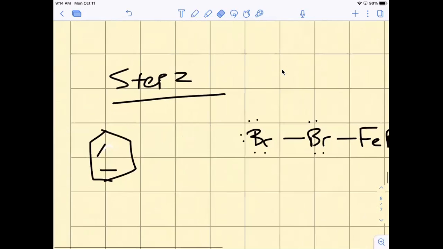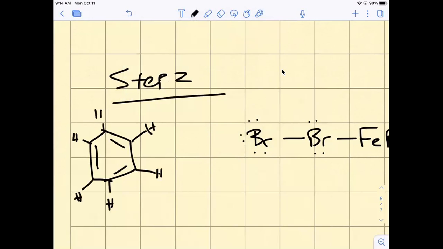All right, so here's your aromatic system, and let me go ahead and say up front, right here on all these carbons there's one hydrogen. I'm going to put the hydrogens in, just so we don't lose that when it's time for that elimination step. All right, so I'm going to attack like that.